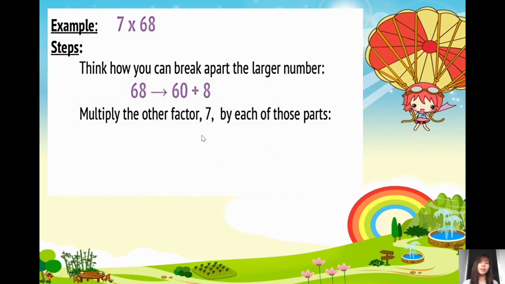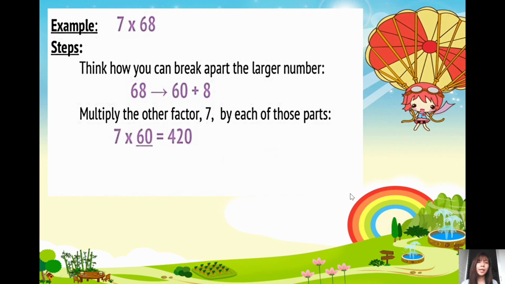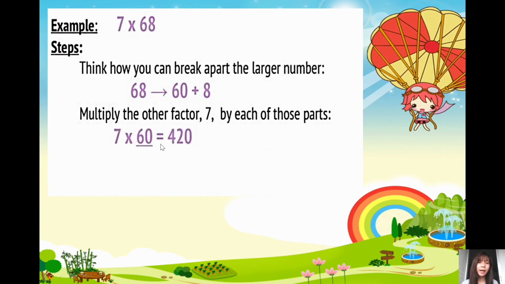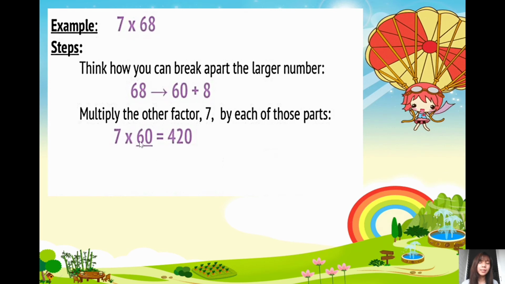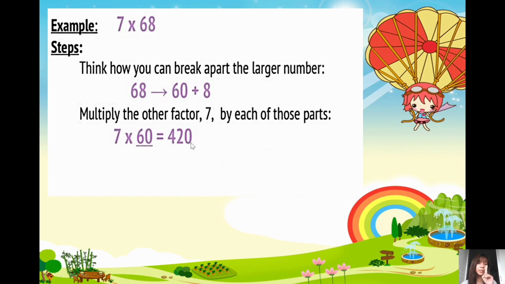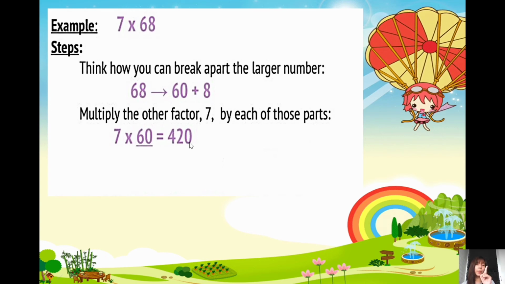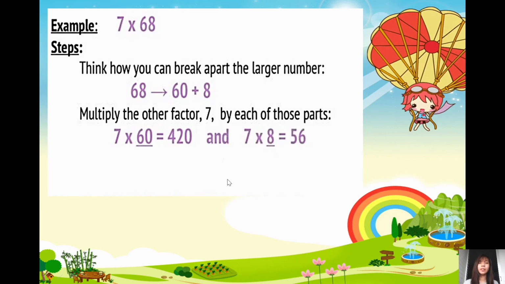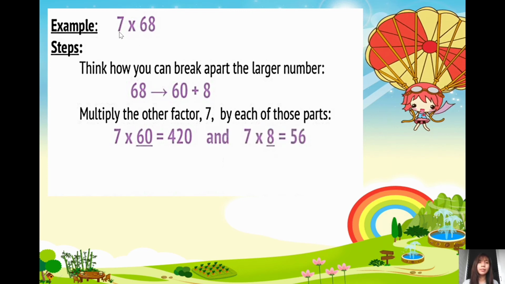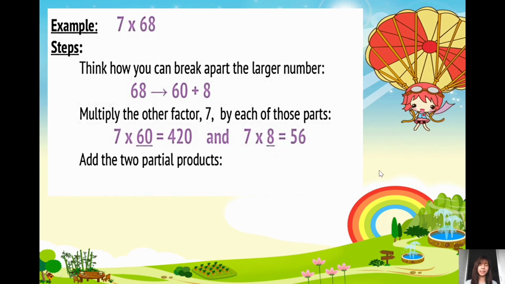So multiply the other factor, 7, by each of those parts. 7 times 68: we have 7 times 6, it's 42. And how many zeros? 1. So add 1 zero. So we have 420. Then another one, 7 times 8. So we have 56.